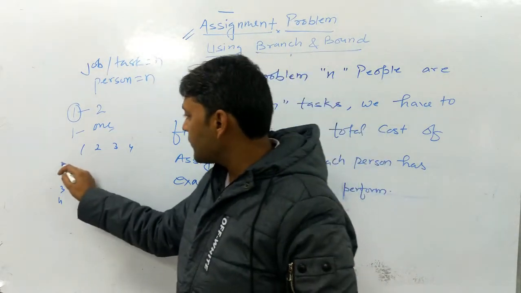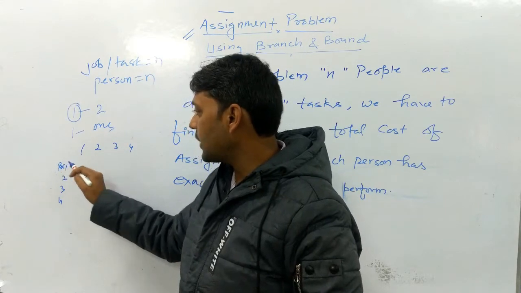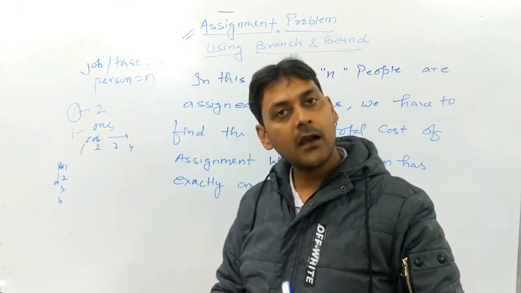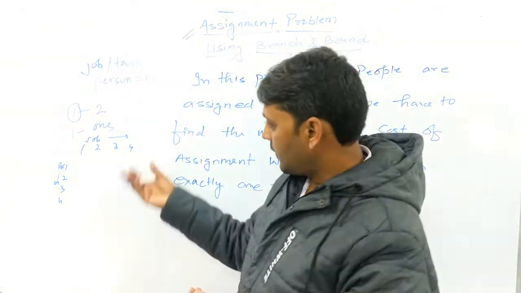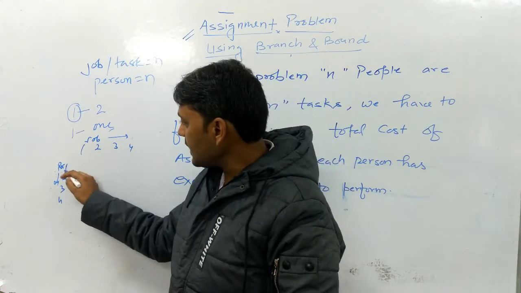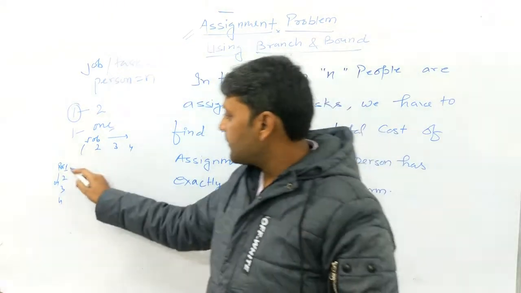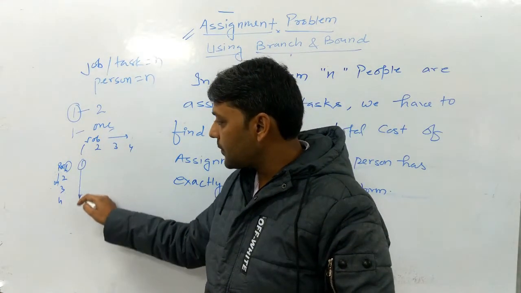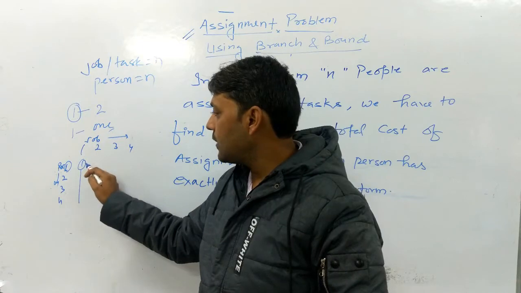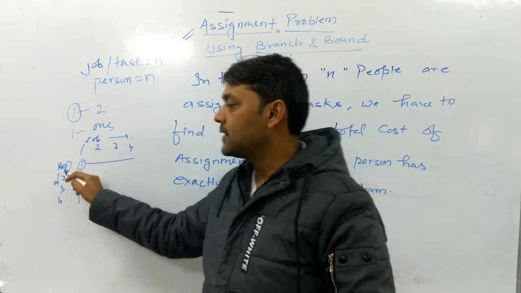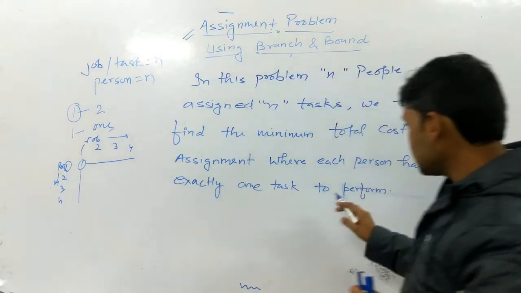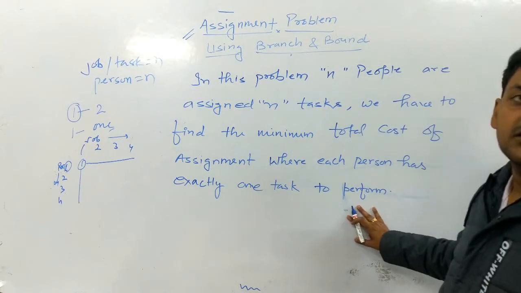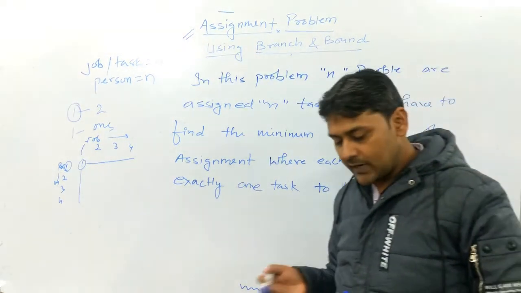These are the jobs, these are the persons. If the first person does the first job, then no other person does the first job, and no other job is done by the first person. Where each person has exactly one task to perform. So let me start.